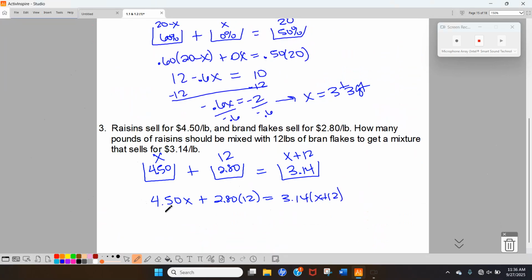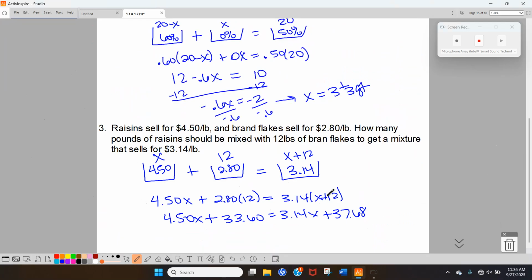All right, so 450x plus 280 times 12 is 3360. 314 times 12 is 3768.